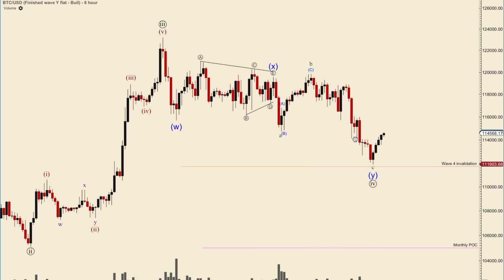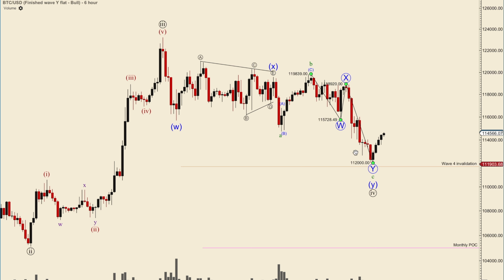And if this has a higher chance of being corrective, then this needs to be some sort of an A, B, C, or a W, X, Y, which is the most preferred here.